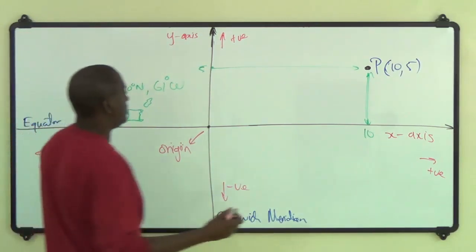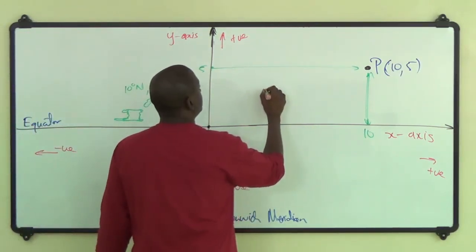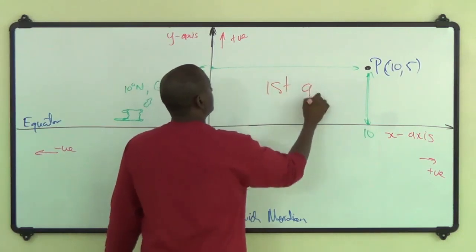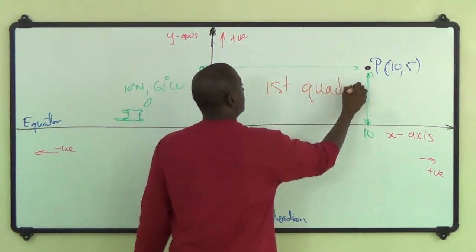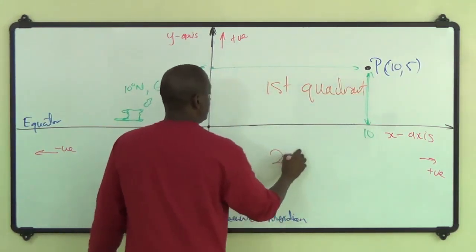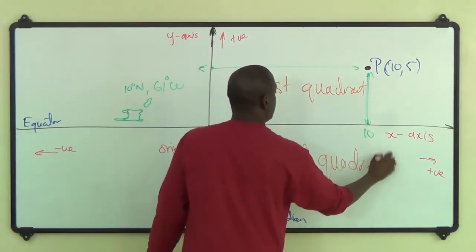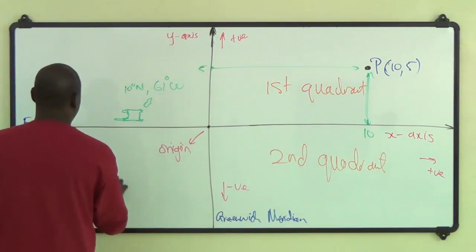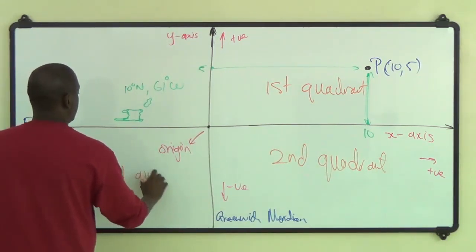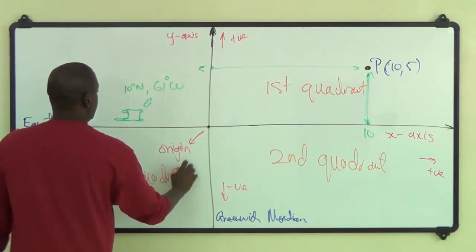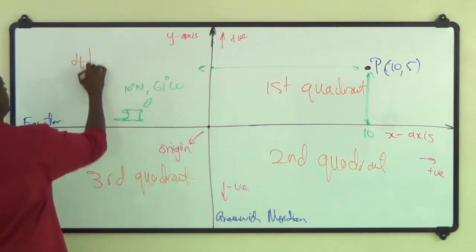This is the first quadrant. This is the second quadrant. This is the third quadrant. And this is the fourth quadrant, right?